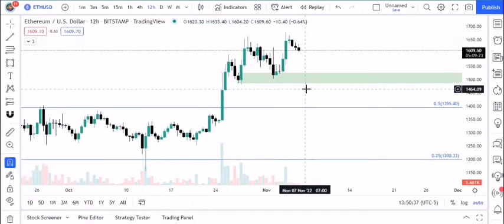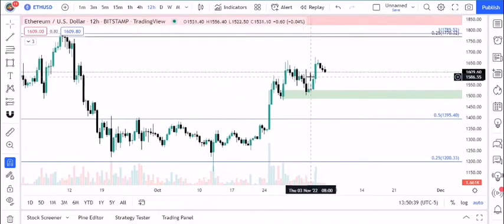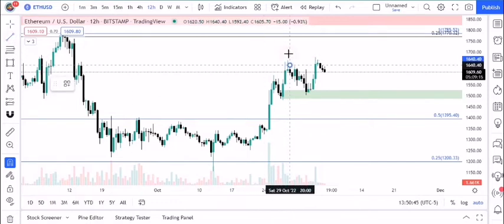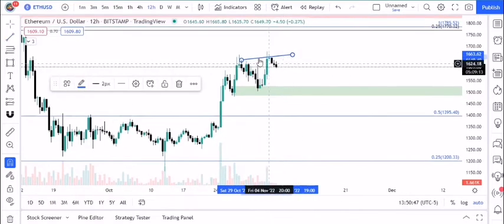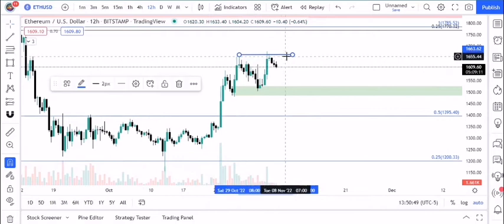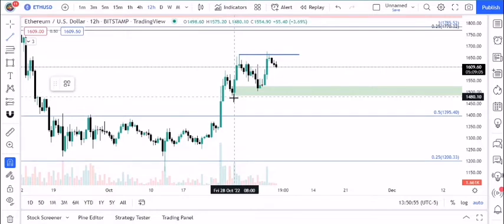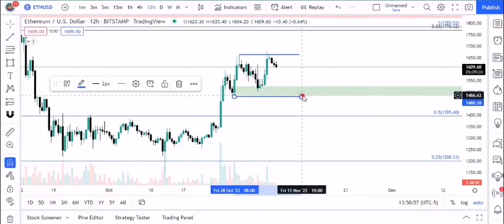So we are still in this range and we haven't broken this high. So I will take this high as our range high, and this low as our range low.